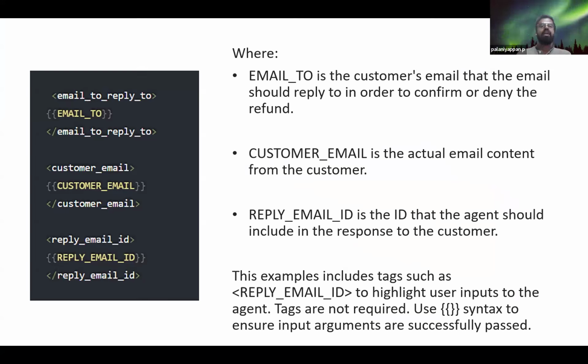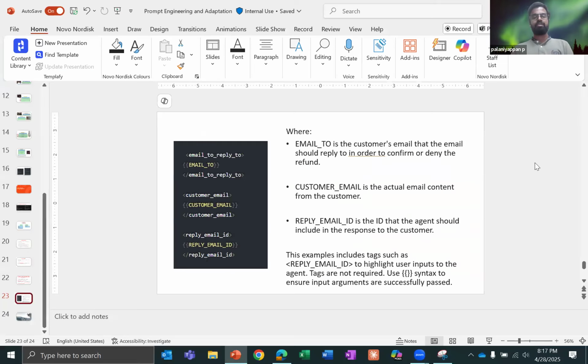Okay, so we have a good amount of 10 minutes, so I'll quickly take you through a quick demo. I'll stop sharing my screen and then open the agent builder, and then I can tell you how the system prompt and user prompt will help you in terms of building an agent with Agent Builder.